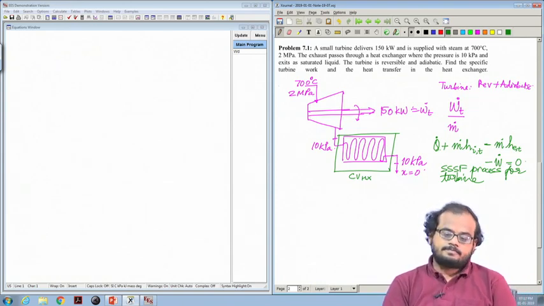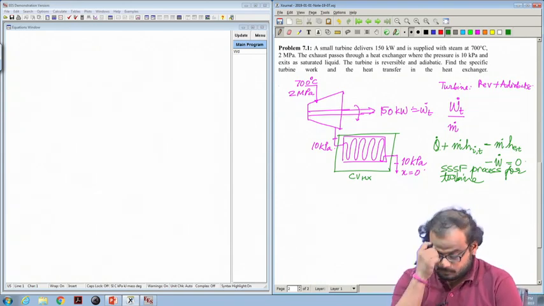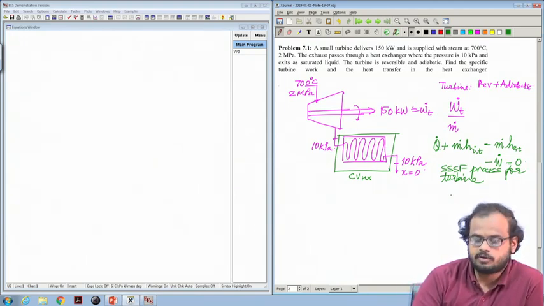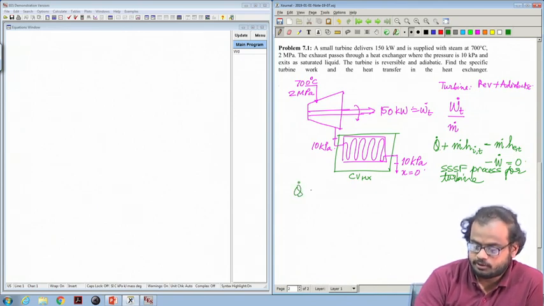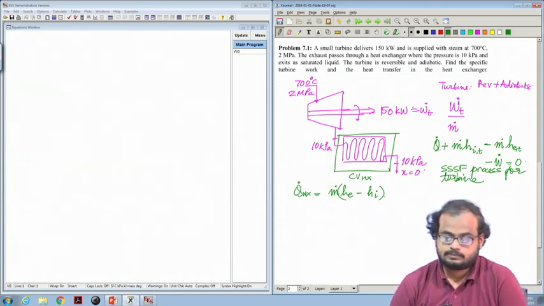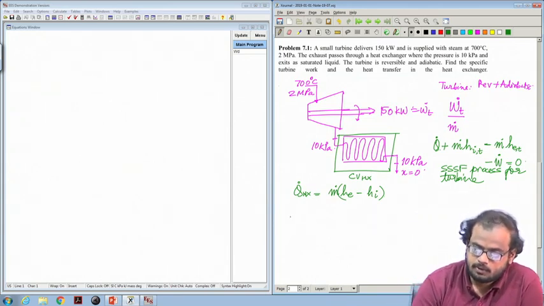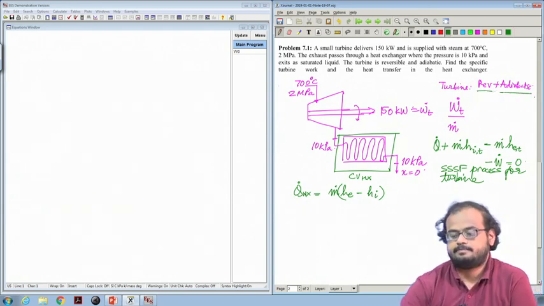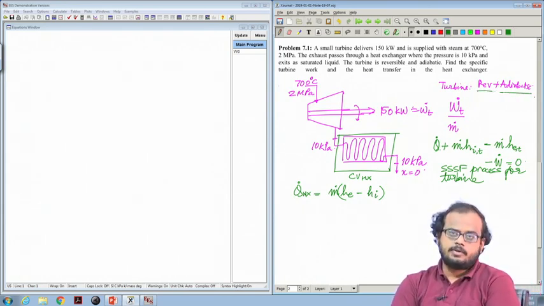And so, because in a heat exchanger there is no work done, we have Q dot HX is equal to m dot (He minus Hi). And if a turbine is reversible and adiabatic, what does it imply?